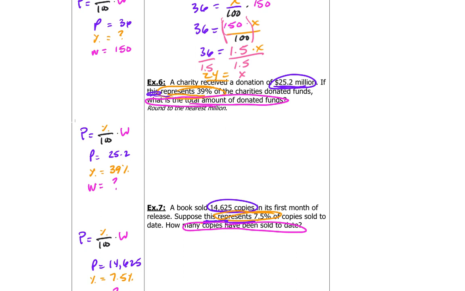Now, I'm going to check, right? If you want to really check, you're just going to draw that bar model out. If you drew the bar model out and you knew that the whole was 150 and that the part you're talking about is 36, well, if I just broke it into half, where this is 50% and this is 50%, then each one of those is going to be 75, right?